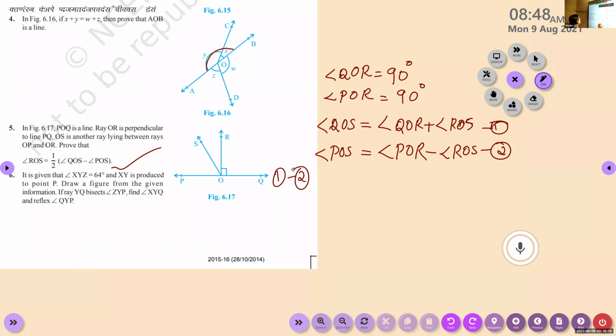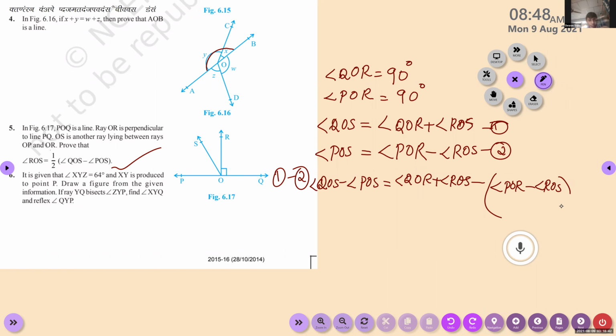One minus 2, that is QOS minus angle POS equal to angle QOR plus angle ROS minus, in bracket, angle POR minus angle ROS. Can we cut ROS?